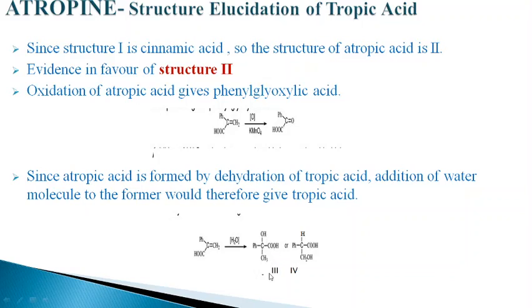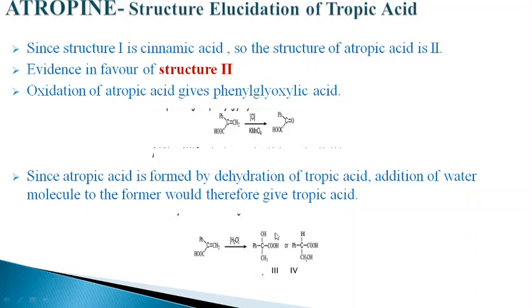In one, the hydroxyl group has entered the more substituted carbon according to Markovnikov's rule, and the hydrogen here. This is structure 3, and the fourth structure is anti-Markovnikov addition, with OH on the CH2 and H on the least substituted carbon. So we get two structures, structure 3 and structure 4.